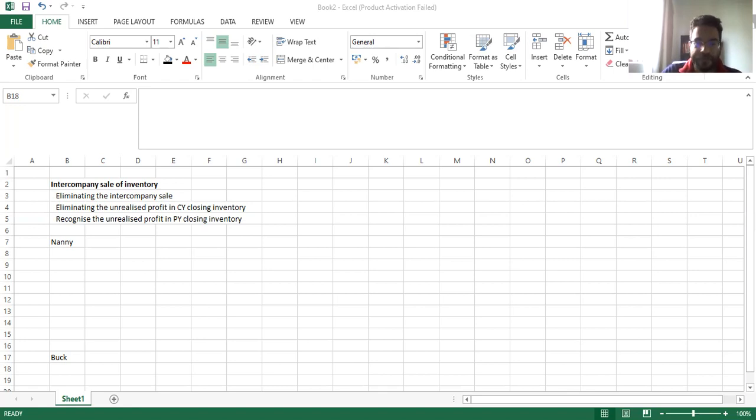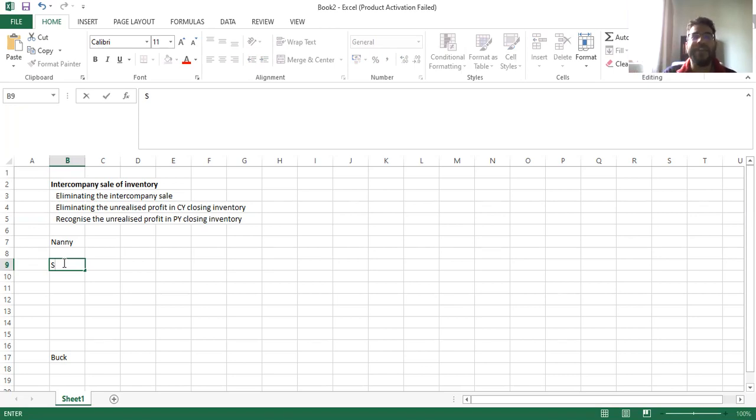Now, let's just assume this was a subsidiary relationship. So Buck is the parent, Nanny is the subsidiary. The journal entry would look as follows. Journal entry number one, to eliminate the sale. Remember, included in sales is an intercompany sale. We don't want that sale, so we have to remove it.